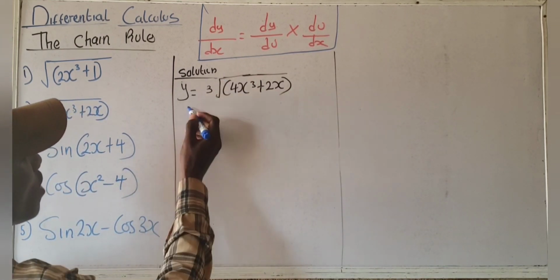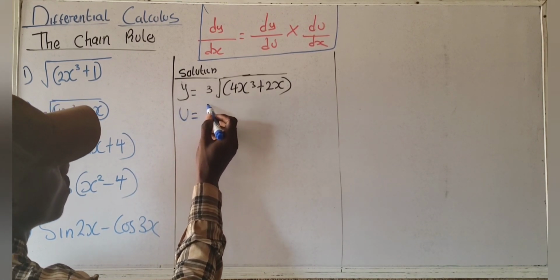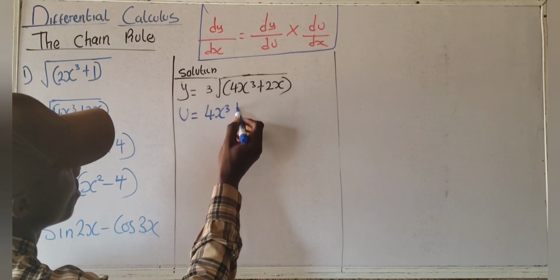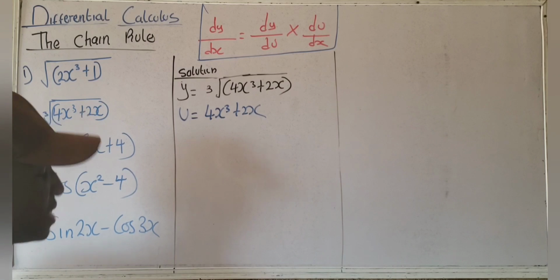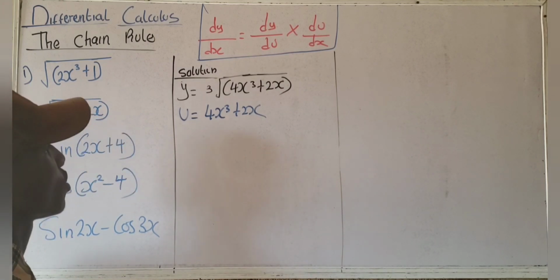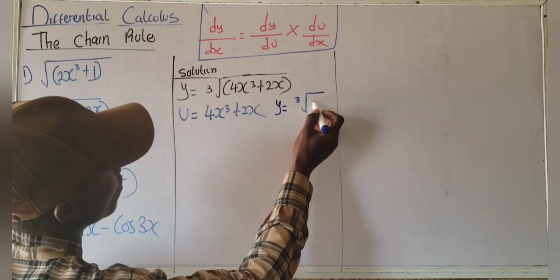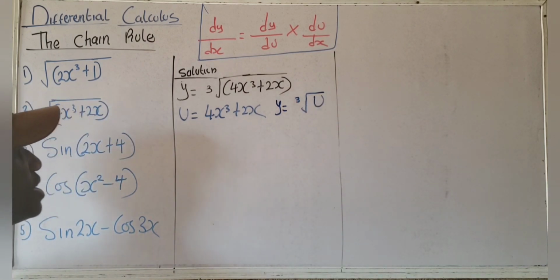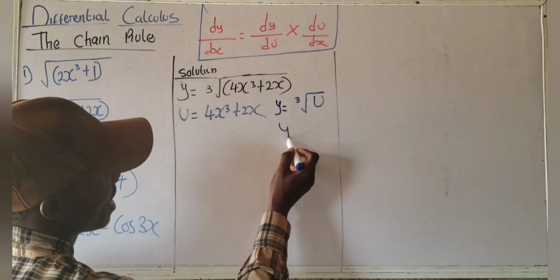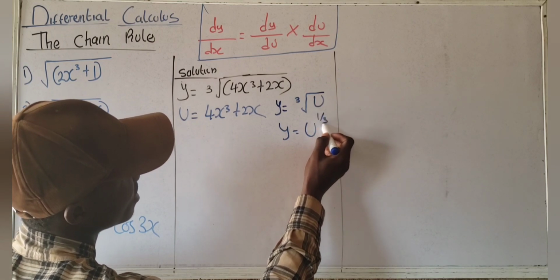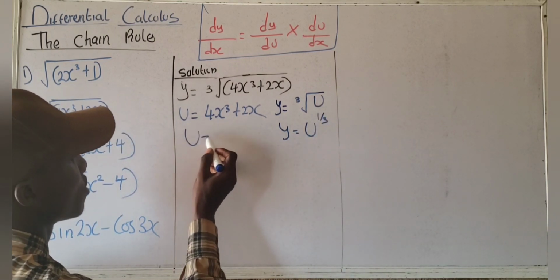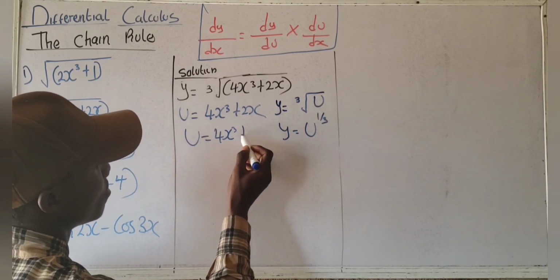So u will be equals to 4x raised to the power of 3 plus 2x. That means that y will be equals to the cube root of u, and we can rewrite this as y equals u raised to the power of 1 over 3, and u equals 4x raised to the power of 3 plus 2x.